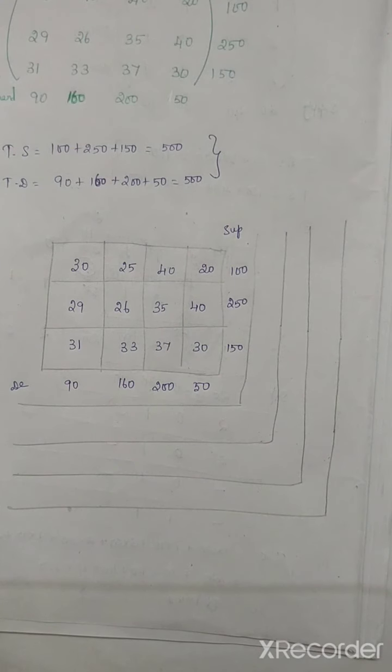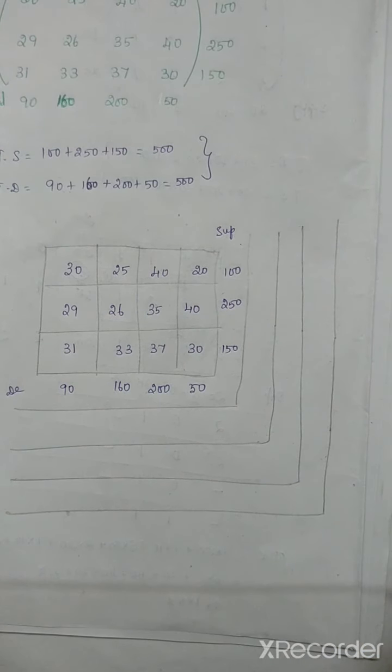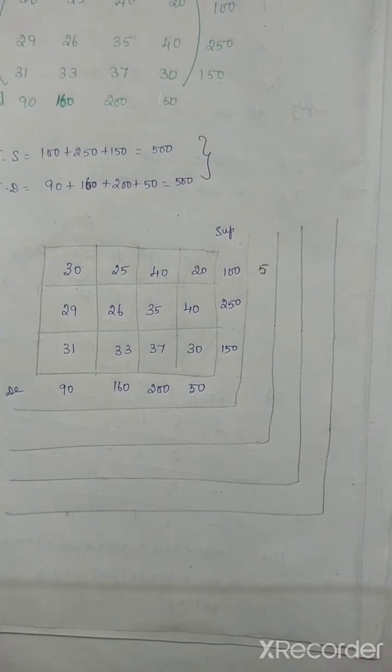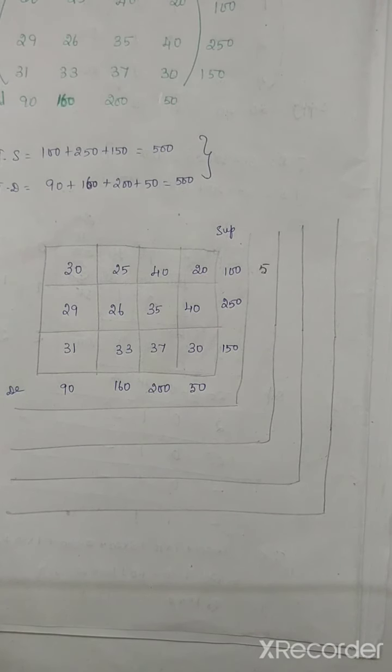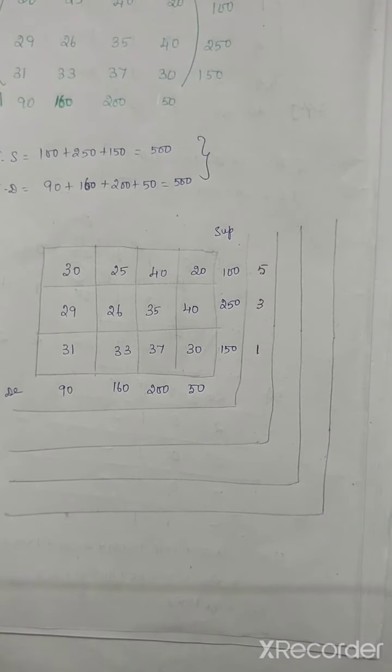So first we have to find out the penalty values. For the first row, the smallest two elements are 20 and 25, so the difference is 5. The next row, 29 and 26, so the difference is 3. For the next one, 31 and 30, so the difference is 1.